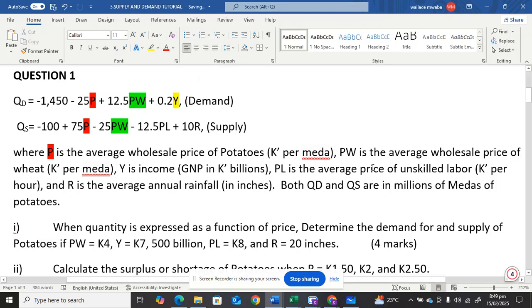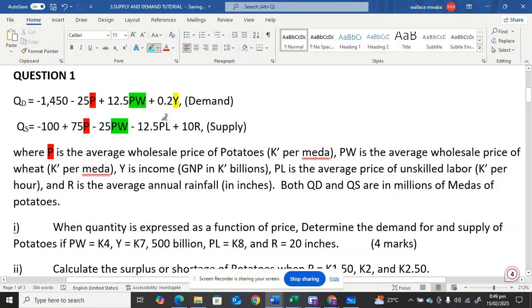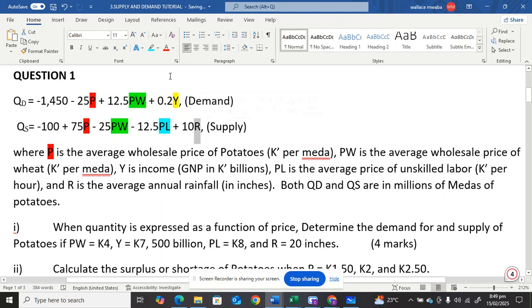PL is the average price of unskilled labor. So PL, we have it here, in our supply function. And ARA is the average annual rainfall in inches. So we have ARA here.